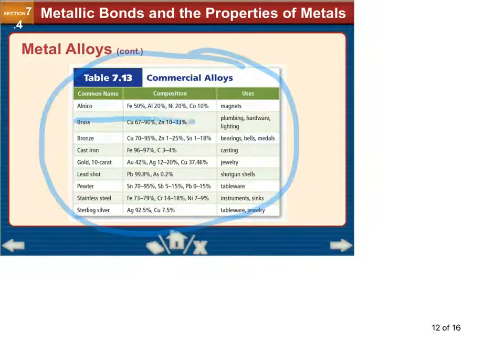Just brass, a nice common alloy used in plumbing, hardware, and lighting, is mostly made of copper and zinc in various ratios depending on what you're going to do with it. Copper can range anywhere from 67 to 90%, zinc from 10% to 33%.